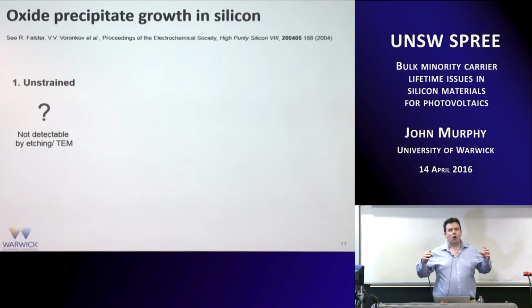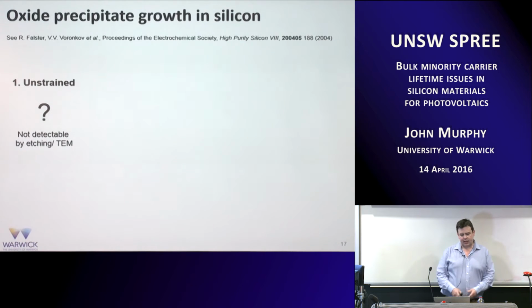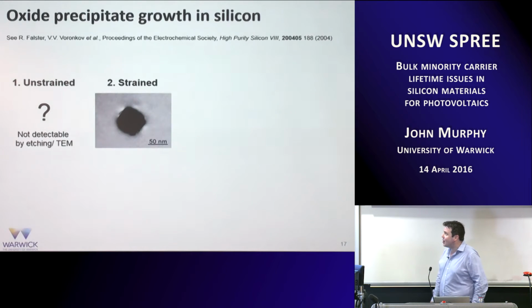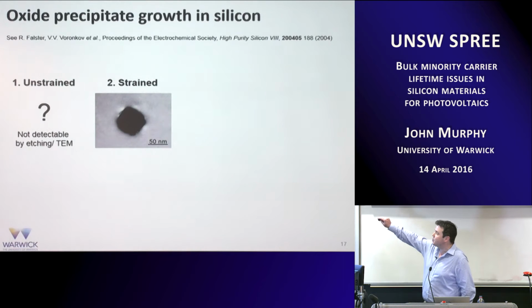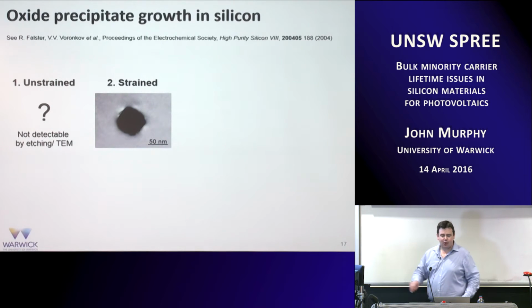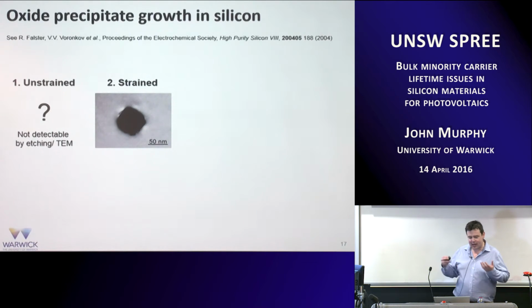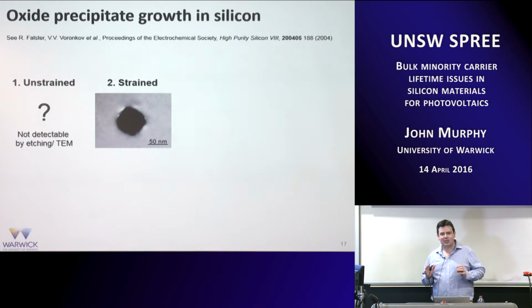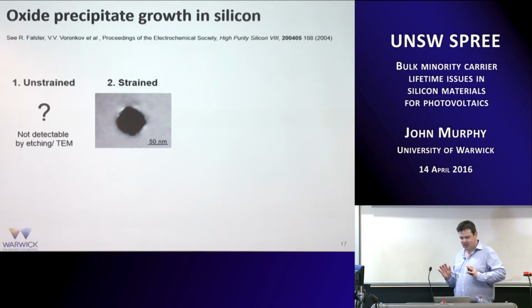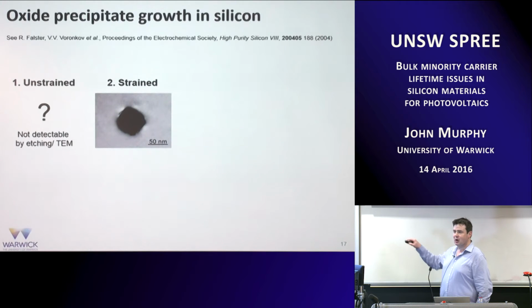So initially, oxygen clusters together and forms unstrained precipitates. They can't be seen. And suddenly, they pop out and become strained precipitates when they can be seen. So we go from a transition from an unstrained to a strained precipitate. And because they jump out at you, I think the guys at SunEdison call these ninja particles. They suddenly appear.